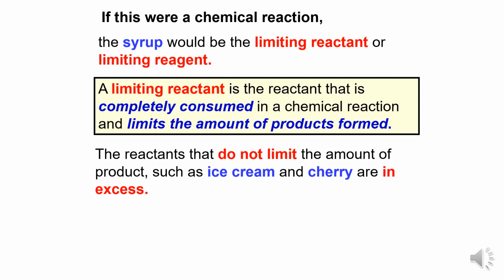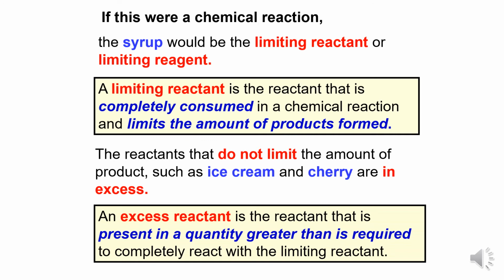So, what is the definition of excess reactant? An excess reactant is the reactant that is present in a quantity greater than is required to completely react with the limiting reactant.